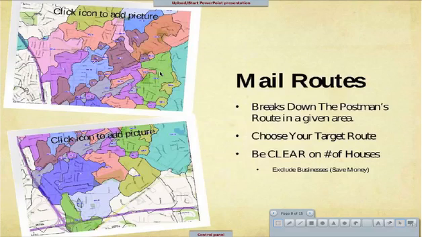You want to be clear with them about what you're doing, because you don't want to spend a lot of money sending your marketing pieces to Joe's Pizzeria, because Joe's Pizzeria is probably not going to sell you the building.